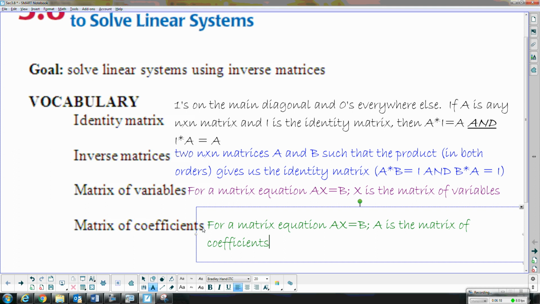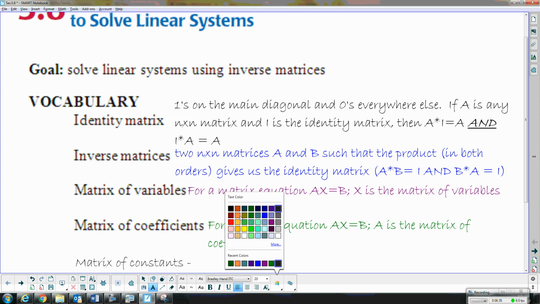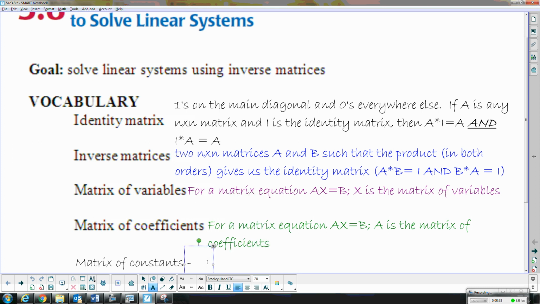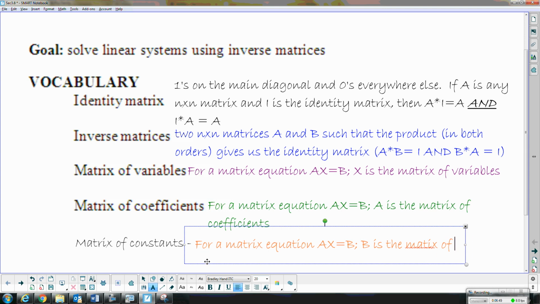And then one that's not on here is the matrix of constants, and that's your B. So again, for a matrix equation, AX equals B, B is the matrix of constants.